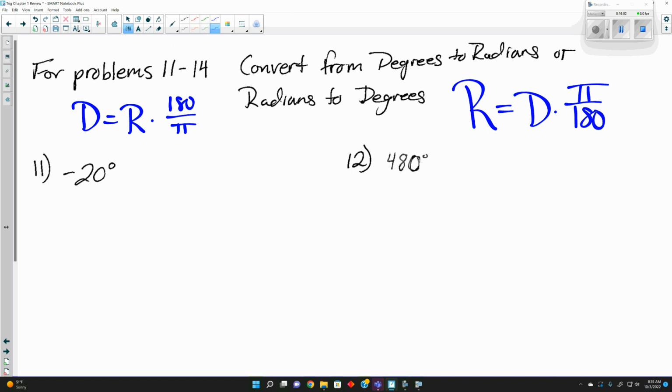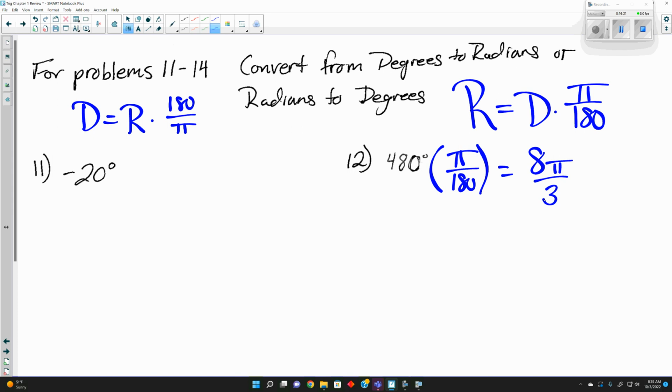So for 480, we're multiplying it by pi over 180. And again, we can type this straight into the calculator, hit enter, and we get 8 pi over 3.